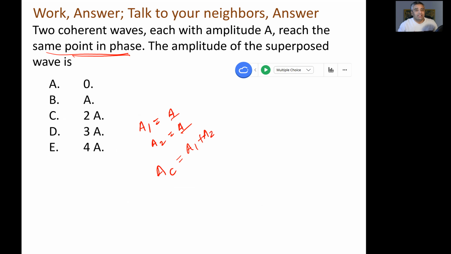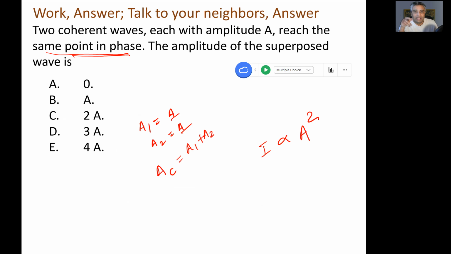So we can talk in terms of intensity. That intensity depends on the amplitude of the wave, and it is the square of the amplitude, okay?